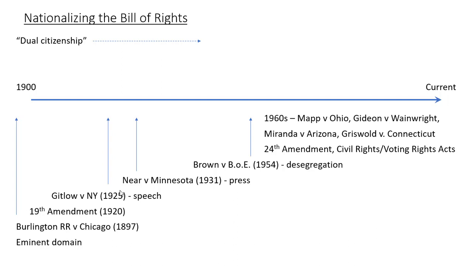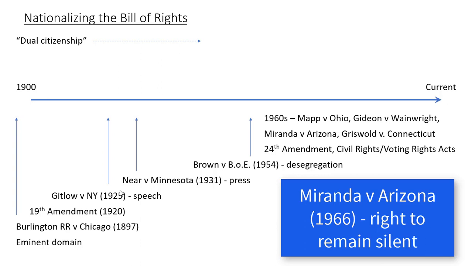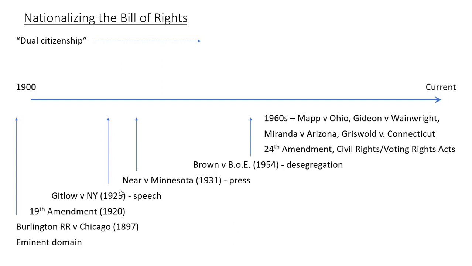Miranda versus Arizona, you've probably heard of that one, is a case where they ruled against Arizona and said that all states have to inform suspects that they have these rights, particularly the right to remain silent, because if they said something, that could be a witness against themselves, and that's a right in the Fifth Amendment.